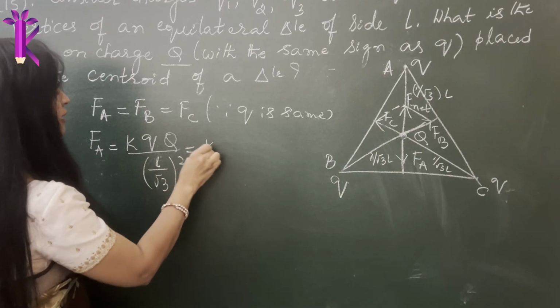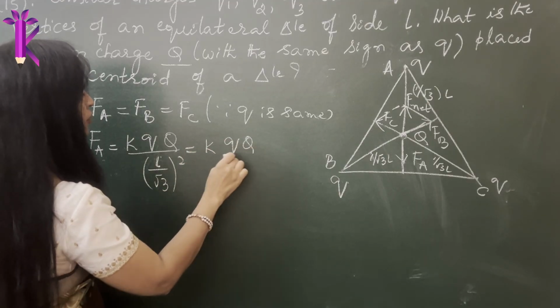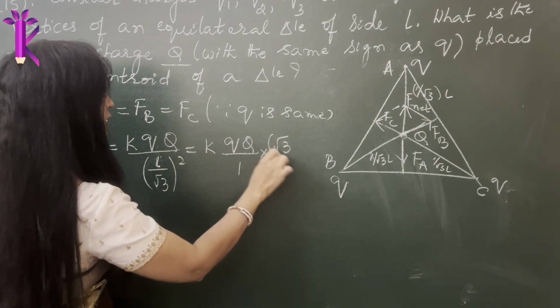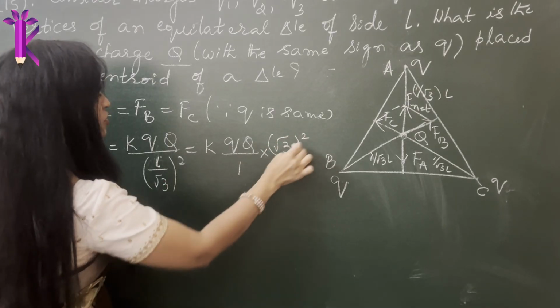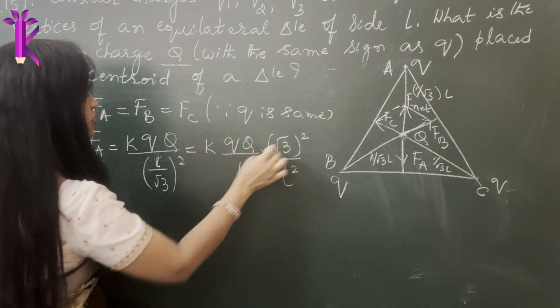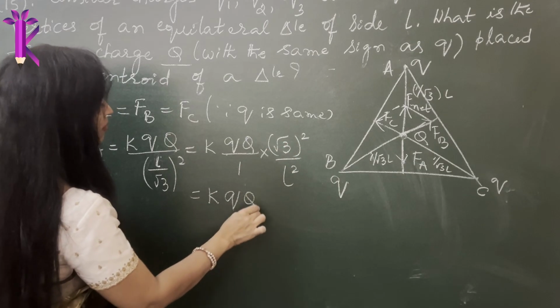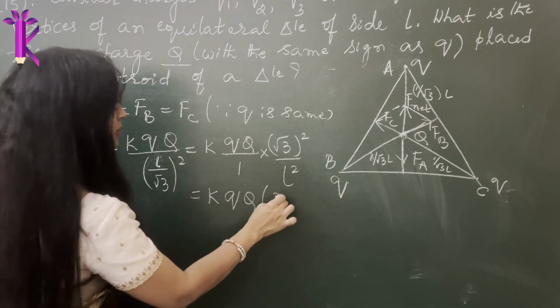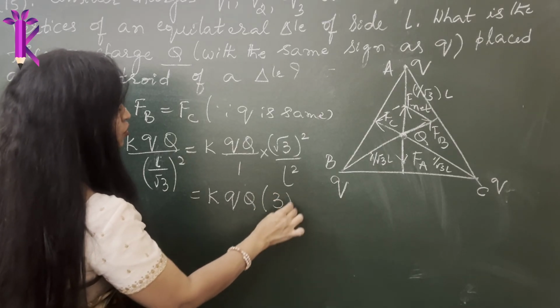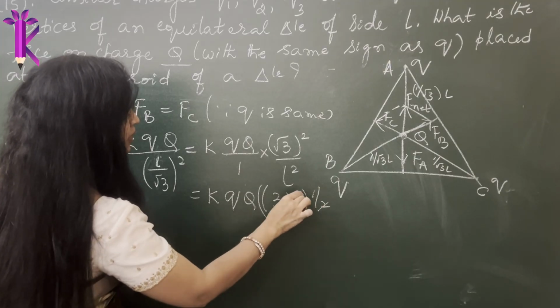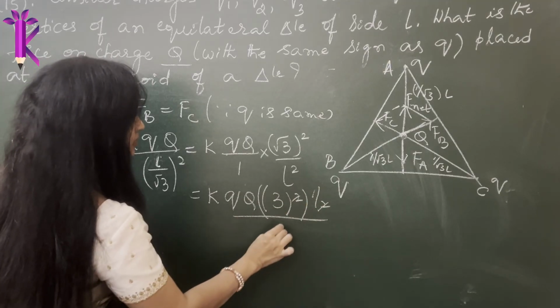So this is nothing but K into Q whole divided by 1 by square root of 3, the whole square, divided by L square. This gets reversed. The square root of 3, the whole square, I already taught you, but I will teach you again, because there will be many students who don't really understand how this is done. The square and the square root cancel, so this will be 3 over L square.